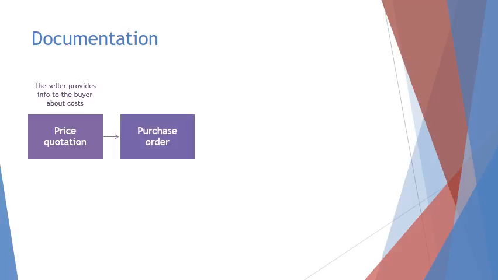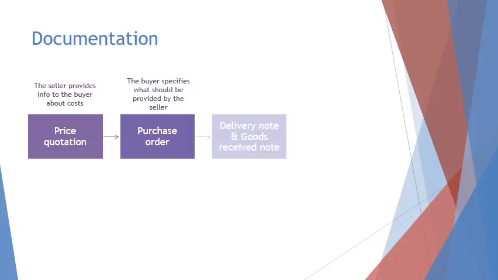We've then got purchase orders. This is a document that the buyer sends to the seller specifying what it is that they want to purchase. We've then got delivery notes and goods received notes. These are records of what has been provided by the seller and what's been received by the buyer.